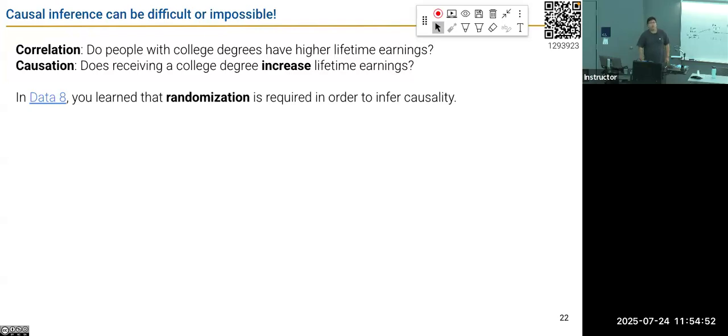This is from Data 8. You also got introduced to the famous saying, correlation does not imply causation. And what implies causation? How can you establish causality? Randomized experiments. You have to have randomized trials where you put people into control and treatment in order to establish causality.